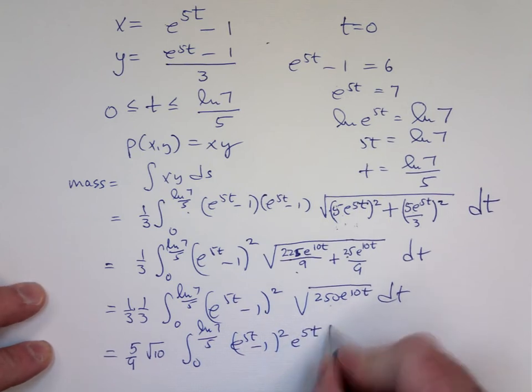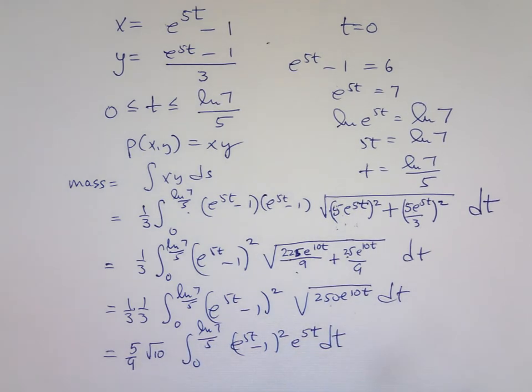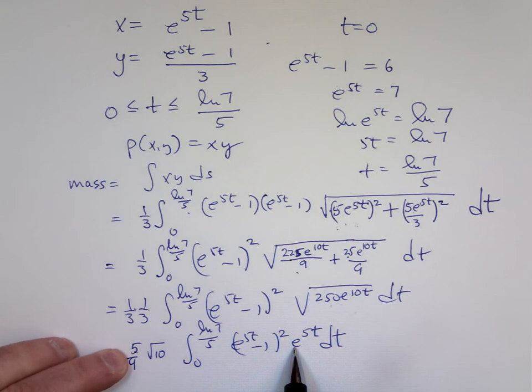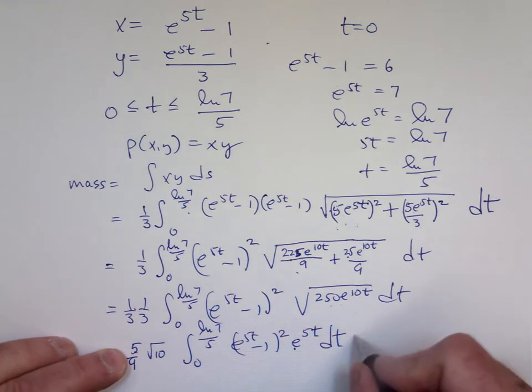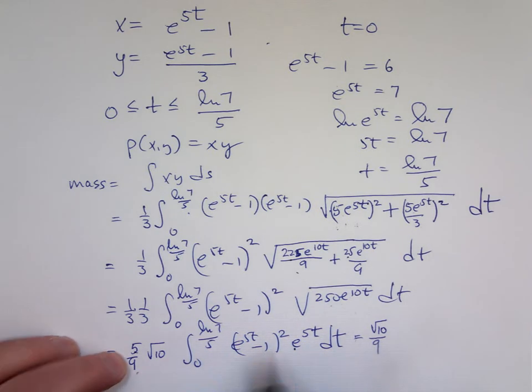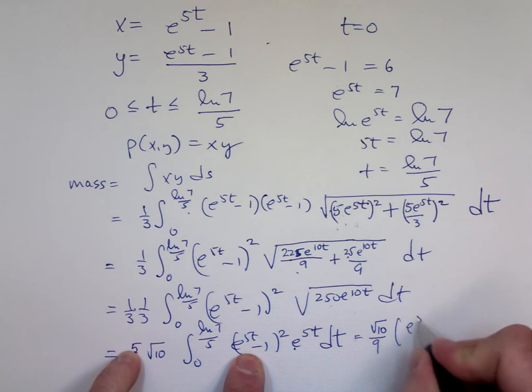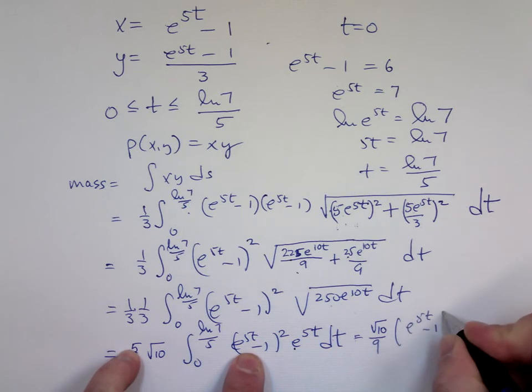Okay, now I've got a u to the n form where u is e to the 5t minus 1. The du is 5e to the 5t. Well, this 5 I'm going to bring back in again and serve as my du. I'm going to end up with the square root of 10 over 9, okay, u squared du form, which is e to the 5t minus 1 cubed over 3.